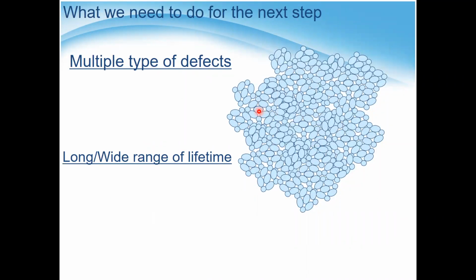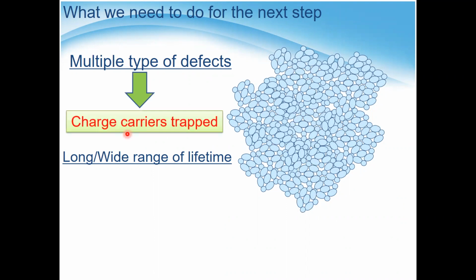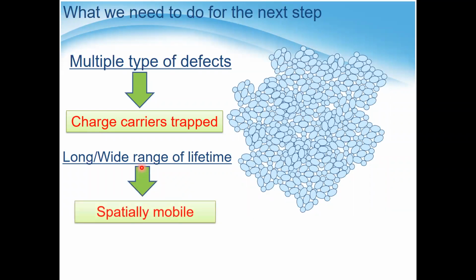So what we need to understand is here, as I mentioned, there are many multiple types of defects. That makes most of the charge carriers just trapped to the defect state. And also due to many different types of defects, the lifetime of charge carriers ranged for multiple orders. So in some cases, charges might be mobile, right?